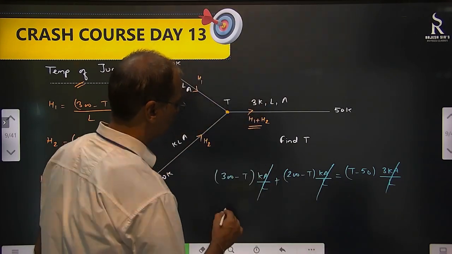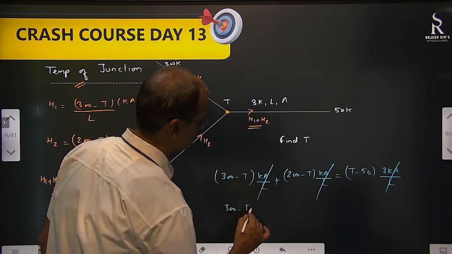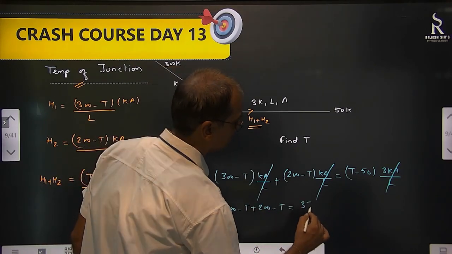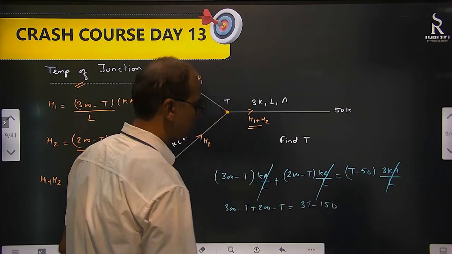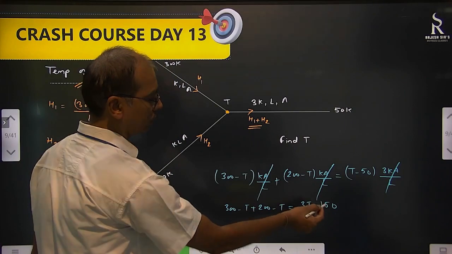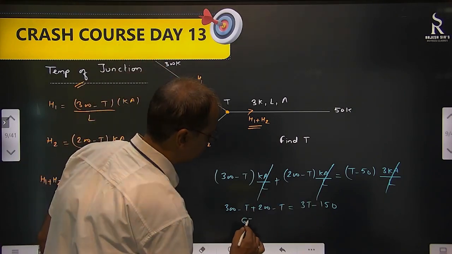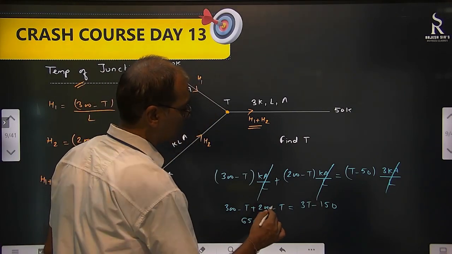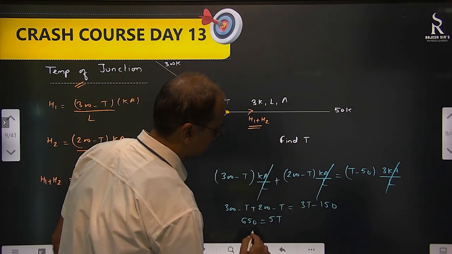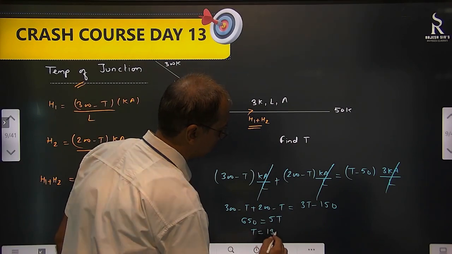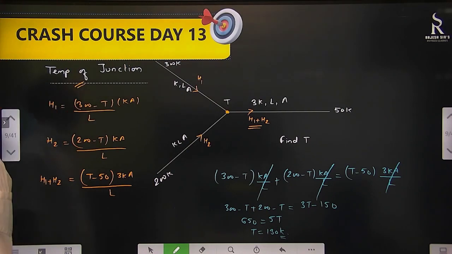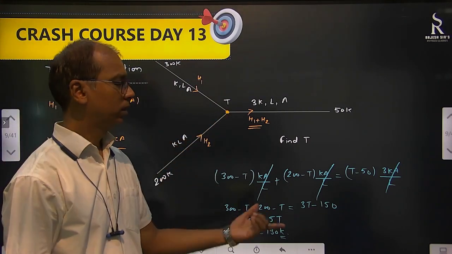Now let's solve it. 300 minus T plus 200 minus T equal to 3T minus 150. So 300 plus 200 is 500, and this 150 also comes, 650. Minus 2T goes to that side, so it becomes 5T. So T equals 130 Kelvin. That's all. Temperature of the junction is 130 Kelvin.